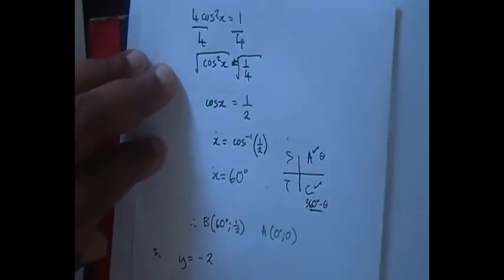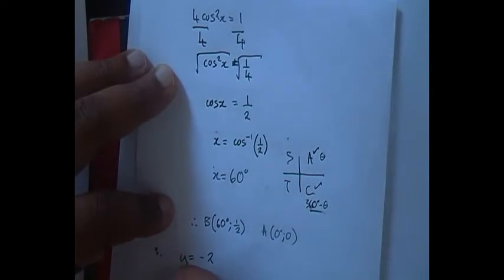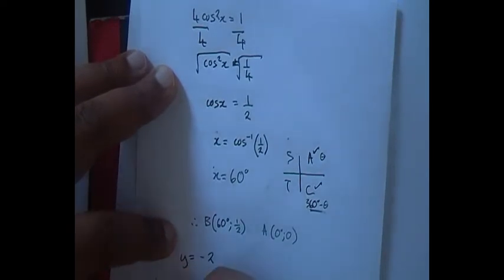Determine the period of f of half x. F of half x is obviously equal to half tan of half x.